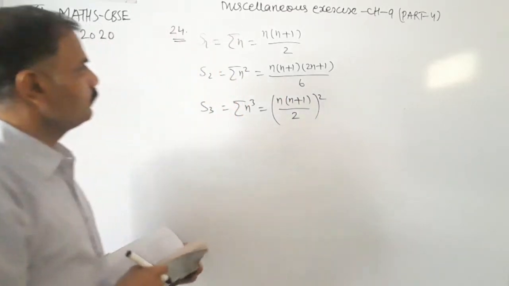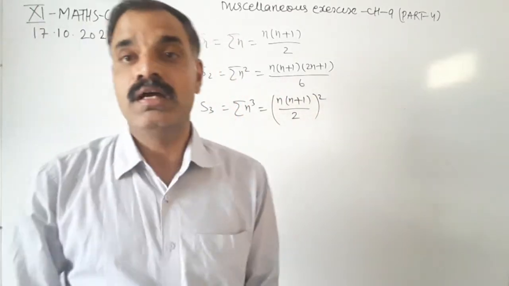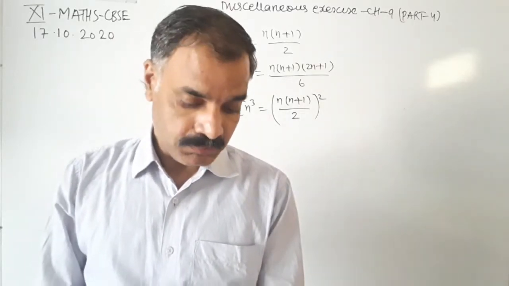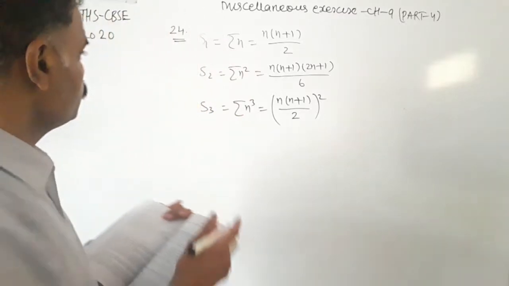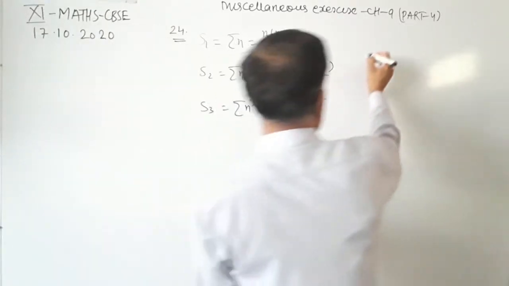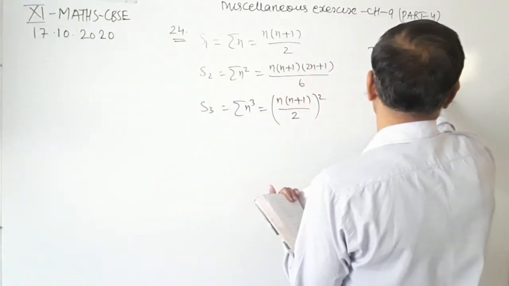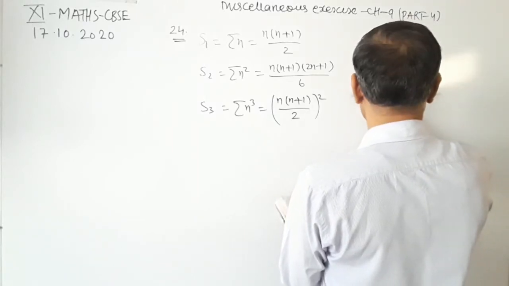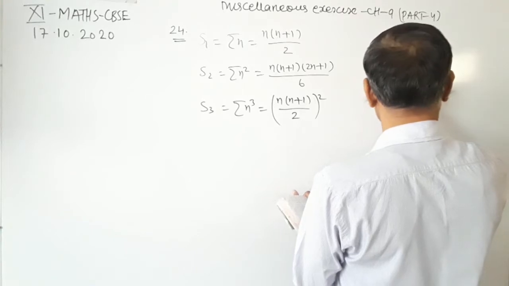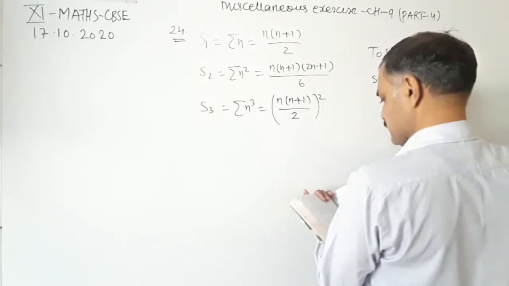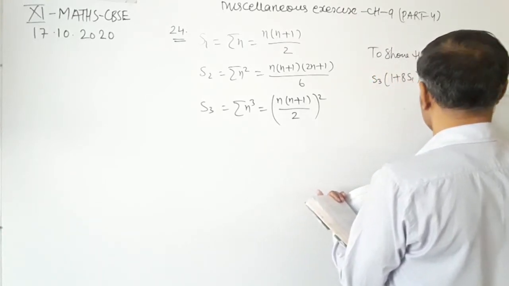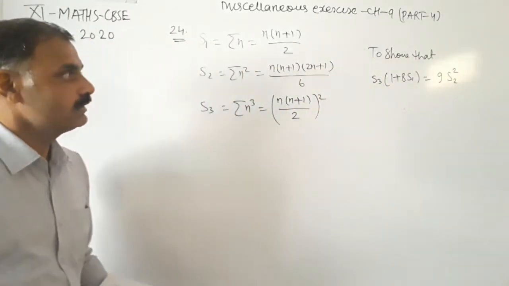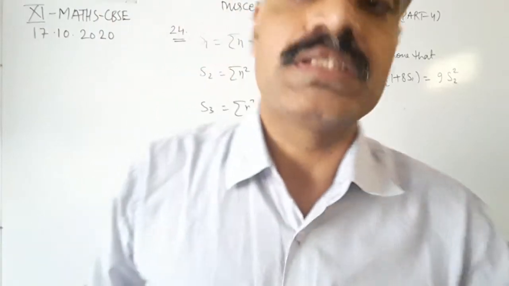We have to show that S3 multiplied by 1 plus 8 S1 is equal to 9 multiplied by S2 whole square.